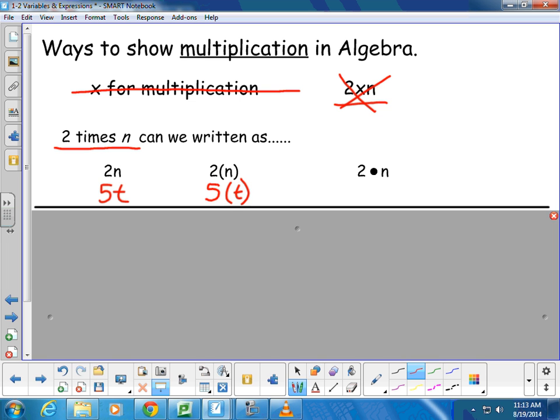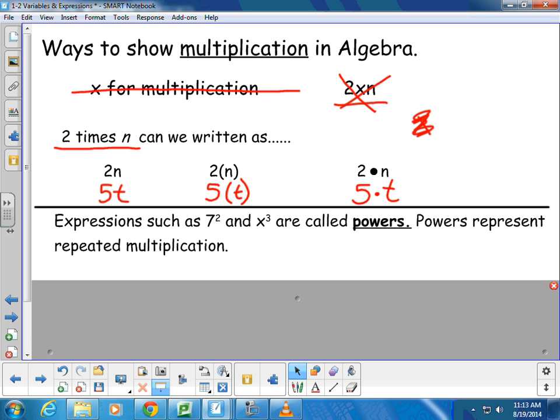And then again, we use this final dot, which you should be getting used to at this point, 2 times n. Still using a dot represents multiplication, because we're not going to mistake that dot for a variable like we would an x for multiplication. That's a letter, and so when we're trying to use it as a symbol for multiplication, it can get a little bit confusing. Okay, so steer clear from using the x as a multiplication symbol from now on.